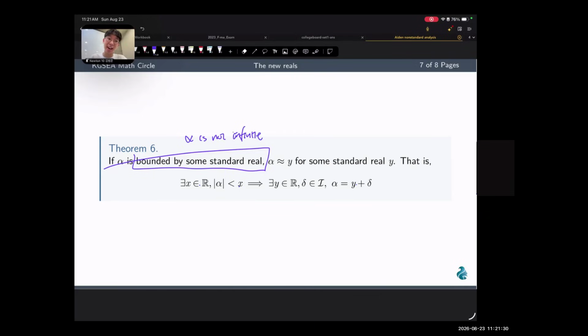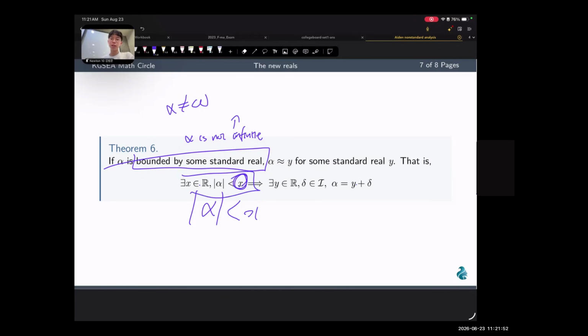That's definitely not in the scope of this lecture. But what this means is alpha shouldn't be something like omega that shoots off and goes off the scale. Alpha should be something we know to be less than a standard real number.